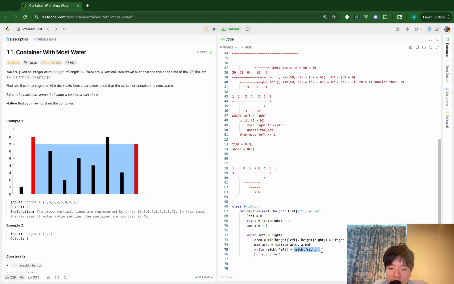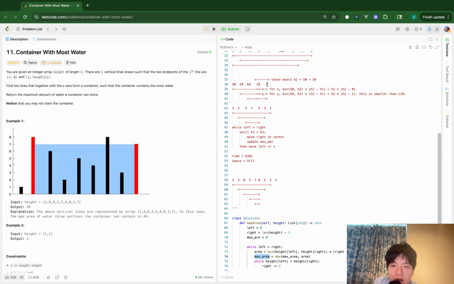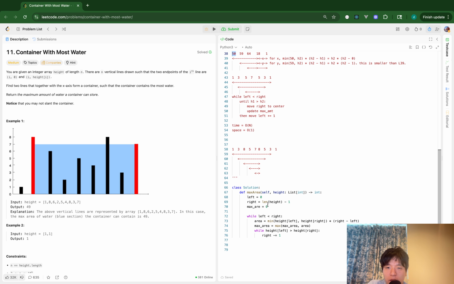And while this is met, I don't have to update this max area because, as I said, as long as right height is less than left height, it doesn't update the max area because the distance becomes shorter, but the shorter bar is always shorter than this one until, yeah.